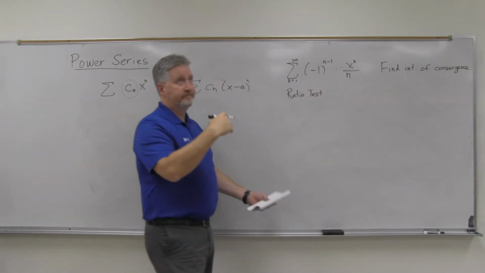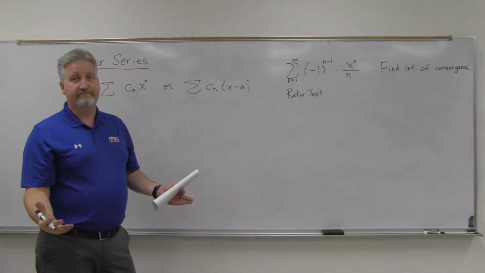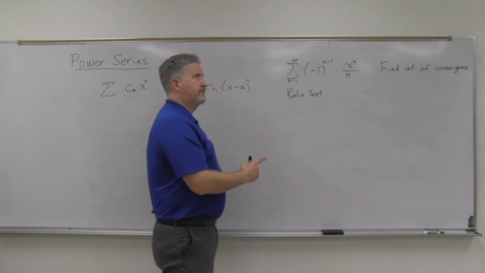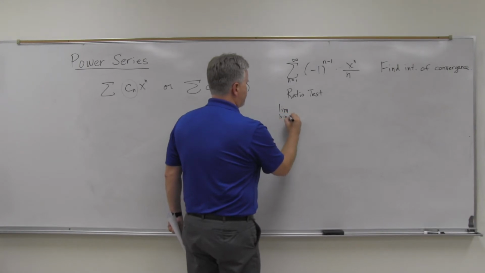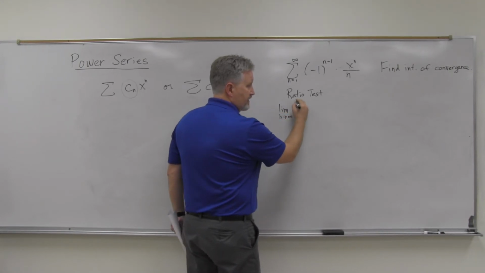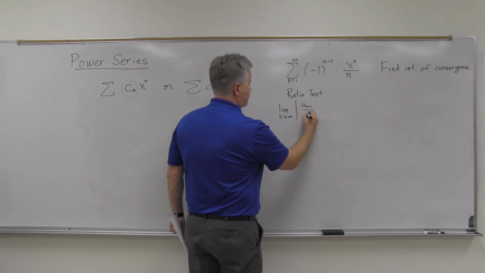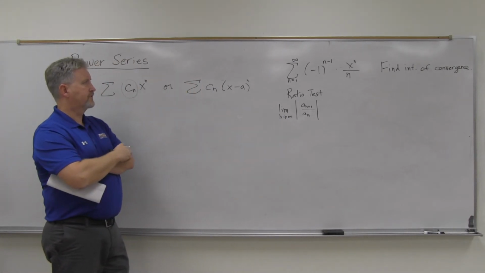Because we know, for certain things, if it's less than 1, it's convergent, right? So how does the ratio test start? We look at the limit as n goes to infinity of the absolute value of the a sub n plus 1 term divided by the a sub n term. That's the ratio test.